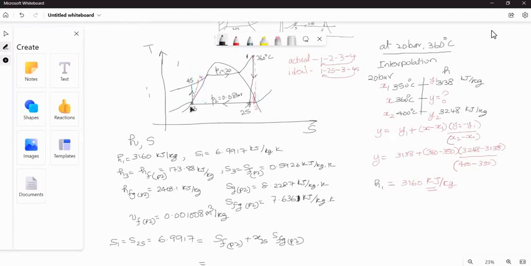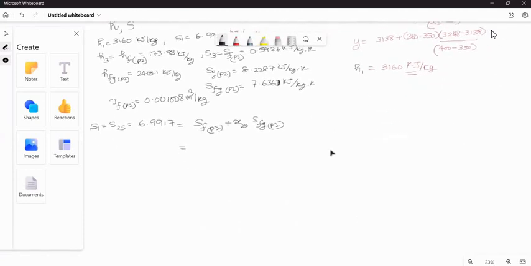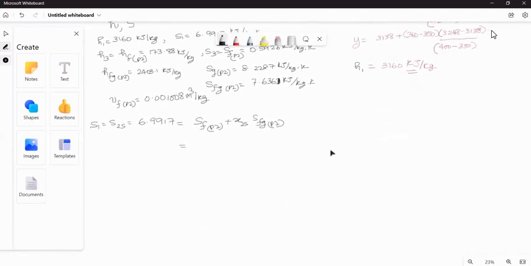Here HF, SF, here SG at this turning point, but in between you will have a dryness fraction. So that's why I have put this dryness fraction X2S, right? Then you have to find the dryness fraction.